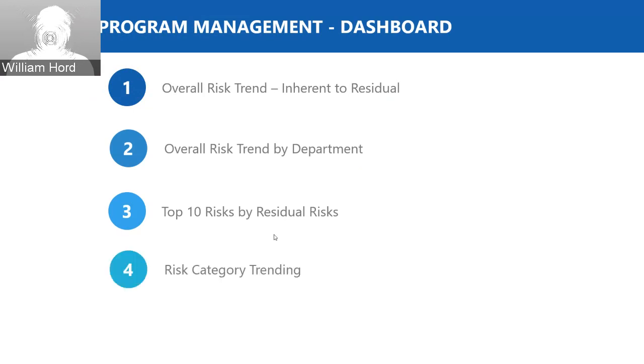Of course, top 10 risks by residual. Again, you have to know those things. You have to know your risk category trending overall. So whether you are looking at 8 risk categories or 10 risk categories, I don't care how many, do you understand the trending, and do you understand why it is moving? That's critical. Risk categories by risk appetite. It's one thing to understand the trending, but how are those things related to risk appetite?